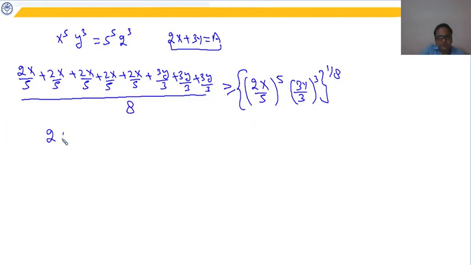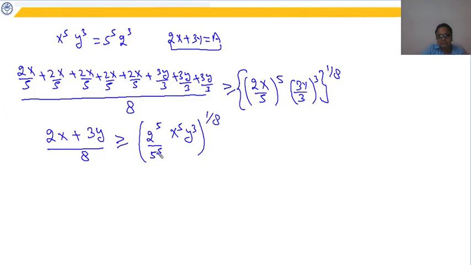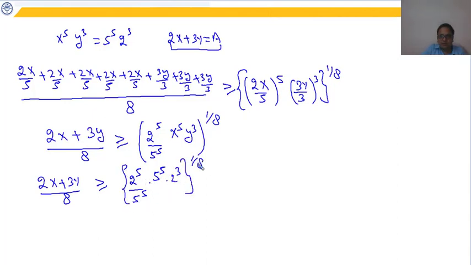So 2x by 5 added 5 times becomes 2x, 3y by 3 added 3 times becomes 3y, upon 8 is greater than or equal to (2 to the power 5 upon 5 to the power 5 into x to the power 5 y cube) to the whole power 1 by 8. Now we wish to find the minimum value of 2x plus 3y. When this inside bracket is simplified, put the value of x to the power 5 y cube as 5 to the power 5 into 2 cube, to the power 1 by 8.